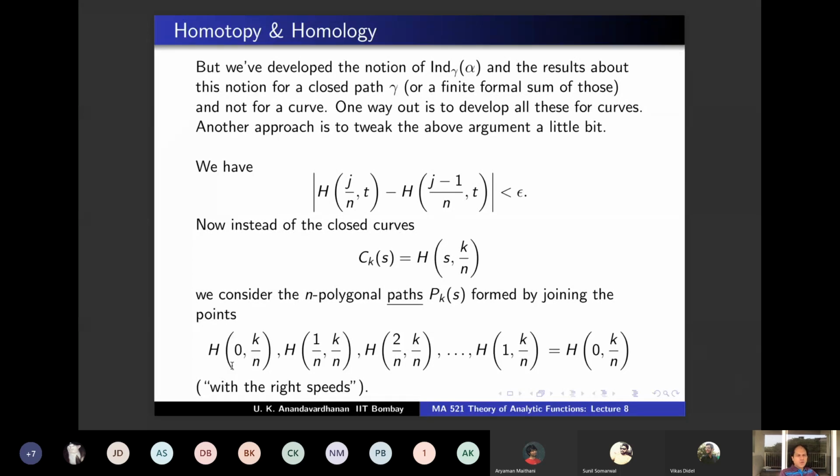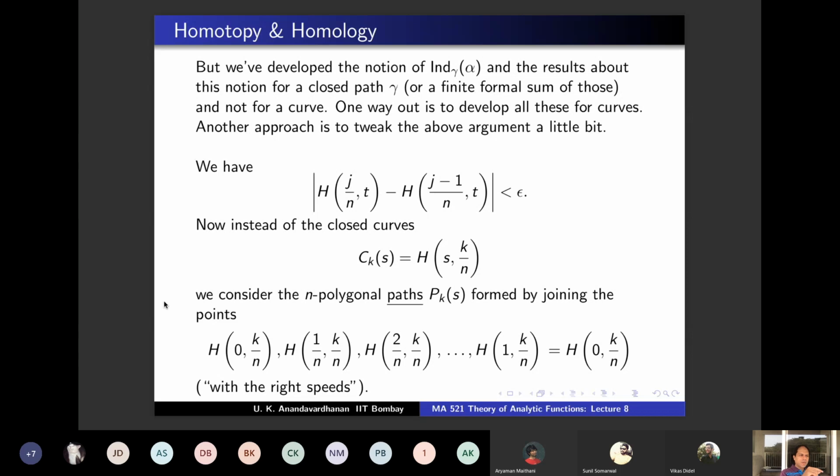As s goes from 0 to 1 by n, I am going from this point to this point. And as s goes from 1 by n to 2 by n, I am going from this point to this point. So I am adjusting the speed of my path. At s equal to 1 by n, I am at this point. And I control my speed so that at s equal to 2 by n, I am at this point, etc.